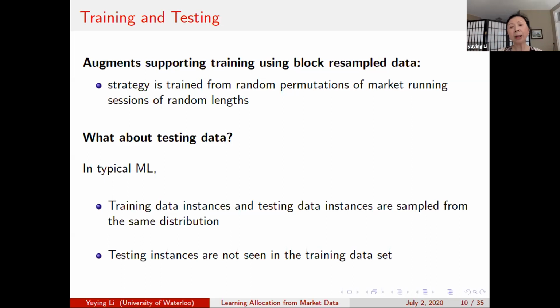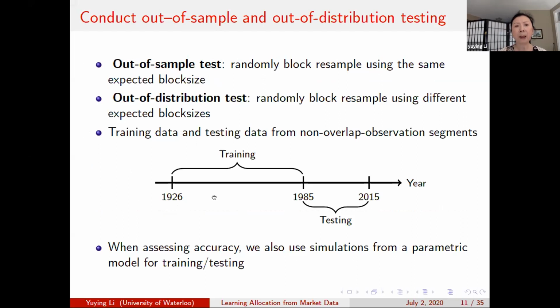We just require that our testing data have not appeared in our training data set. So it's out of sample of training, but they come from the same distribution, right? That's how we typically handle training and testing in machine learning, okay?